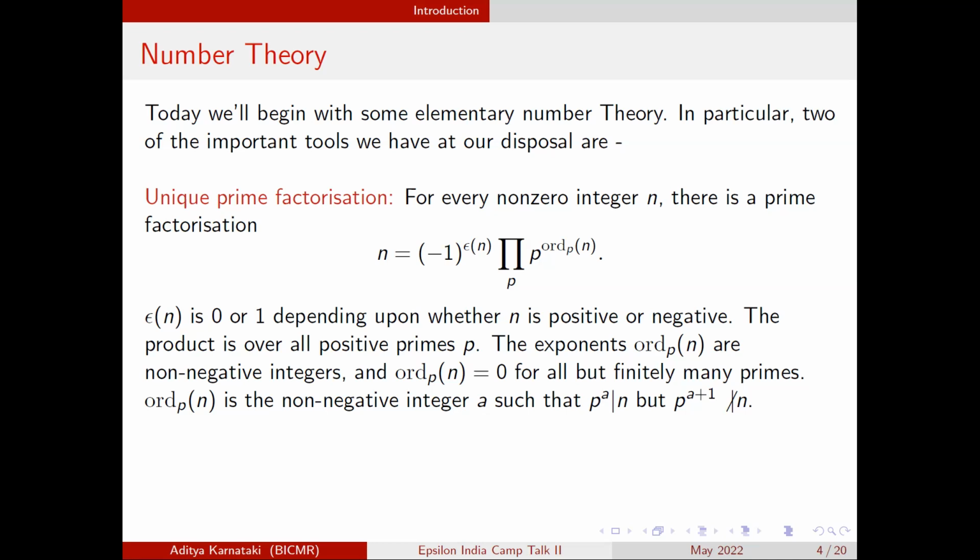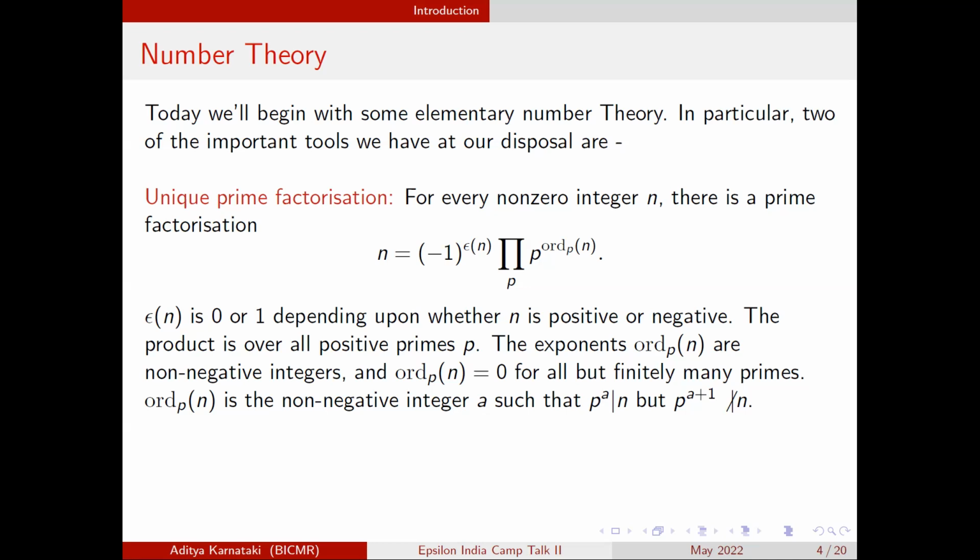The product is over all positive primes p, and of course an infinite product of that kind doesn't make any sense, but these exponents, which we denote as order of n for p, or p of n, they are non-negative integers in general, and it is 0 for all but finitely many primes. So when it is 0 for most of the primes, you're just multiplying by 1, right?